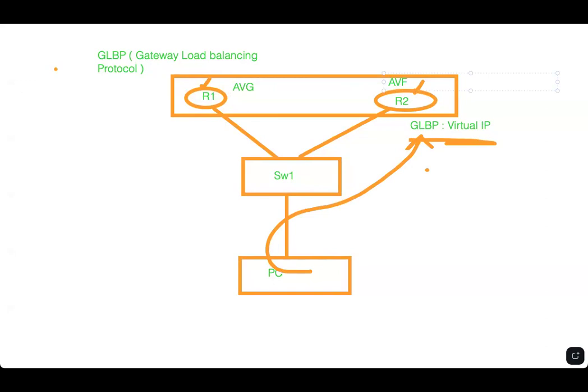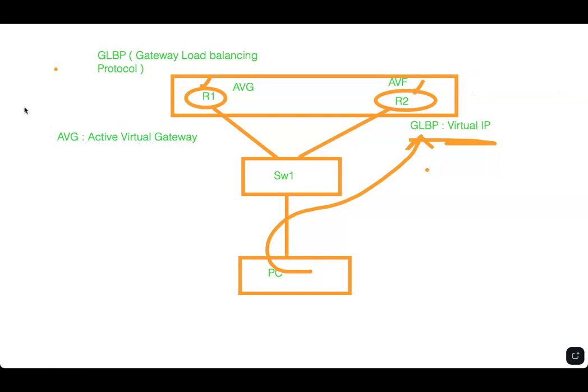Here the routers like R1 and R2 are in the same group, right? So they will elect AVG, which is the active virtual gateway. The role of AVG is to assign virtual MAC addresses to all the devices running GLBP.